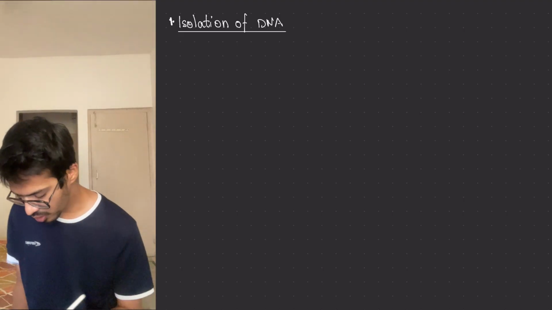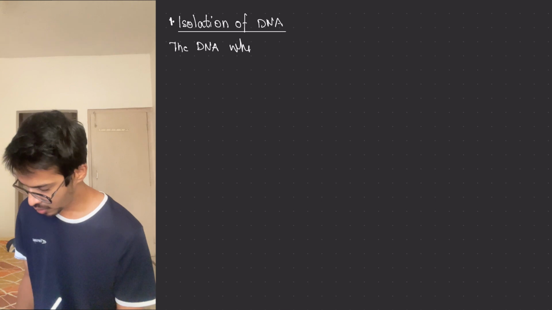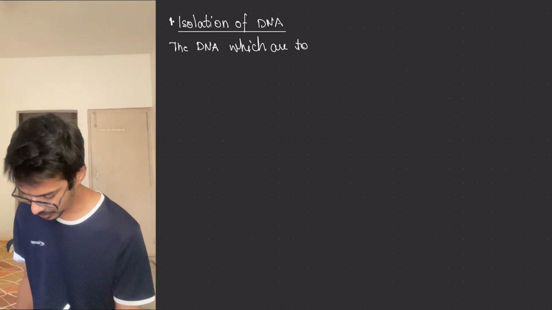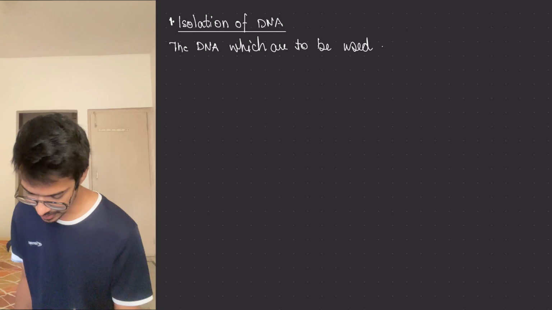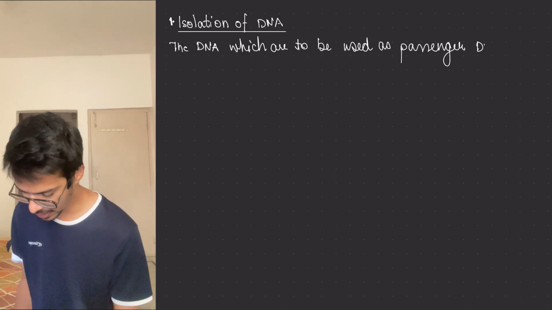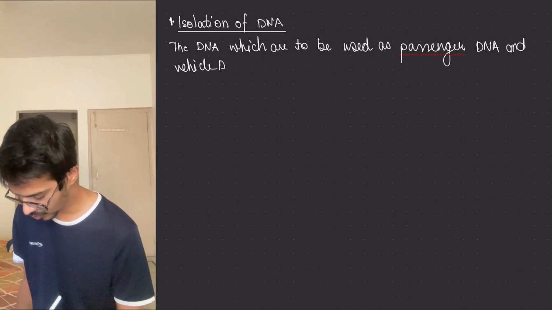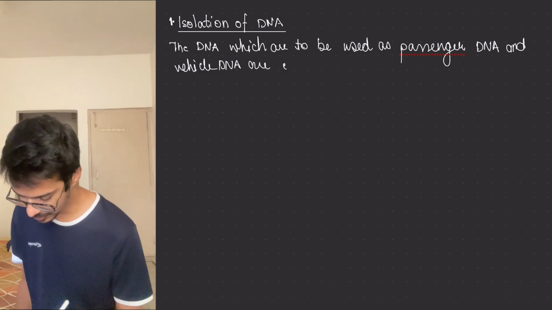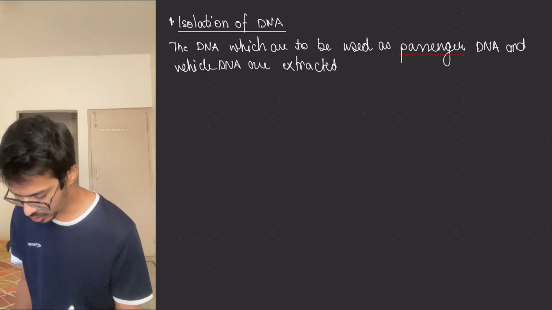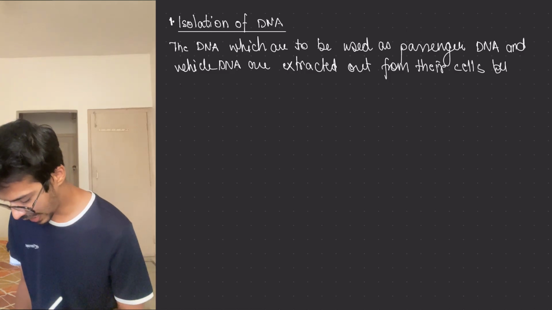Okay, so in this step, what will happen? The DNA which are to be used as passenger DNA and vehicle DNA are extracted out from their cells by lysing enzymes.